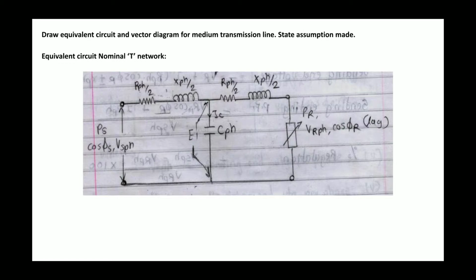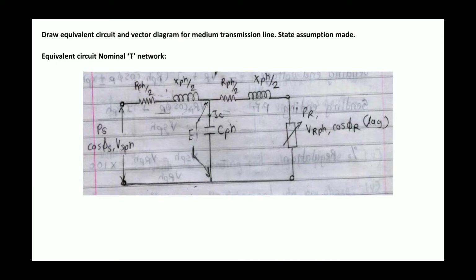Now we start the next concept, the performance of the medium transmission line. Here the diagram shows the equivalent circuit of the nominal T network. This is a type of medium transmission line.